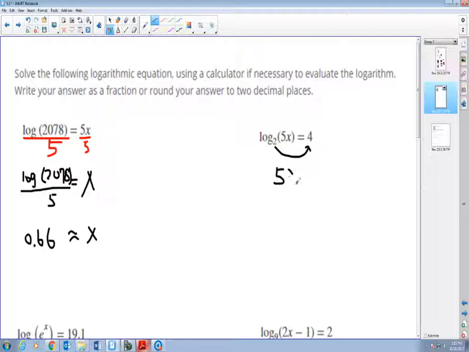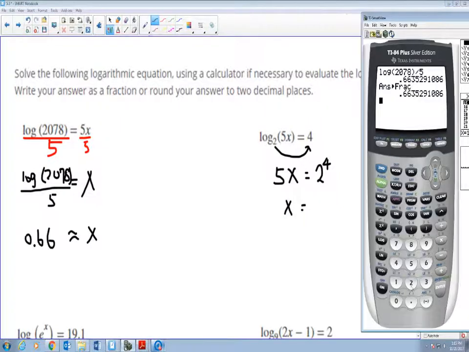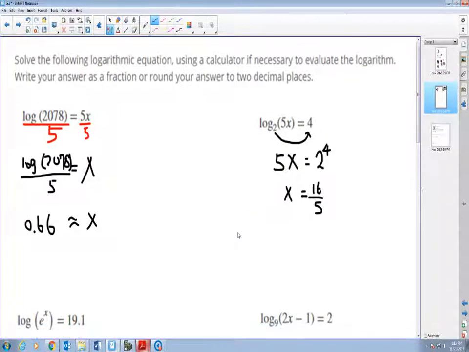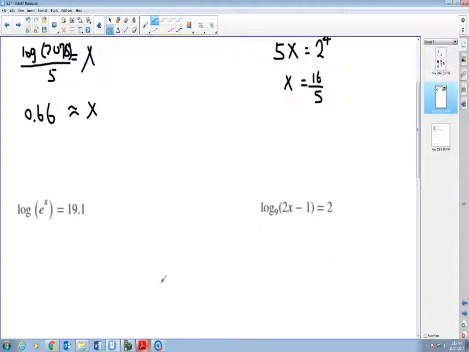So this is going to be 5x equal to 2 to the 4 power. What I'm looking at right now is actually a linear equation. To get x by itself, I just divide both sides by 5. So that will be 2 to the 4th divided by 5, which is 16 over 5, or you can say 3.2. That's how it is, looking at it from the exponential perspective.